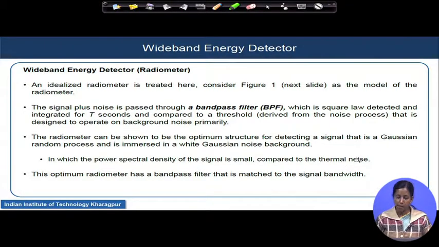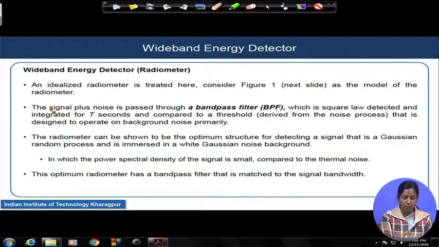The signal plus the noise enters at the front end, which I have already discussed, and it passes through a band pass filter, then a square law detector, and the output is integrated for T seconds and compared finally with a threshold.